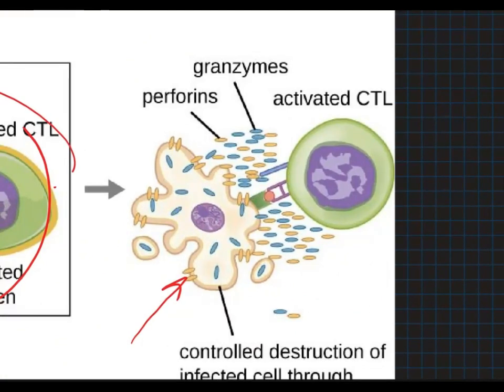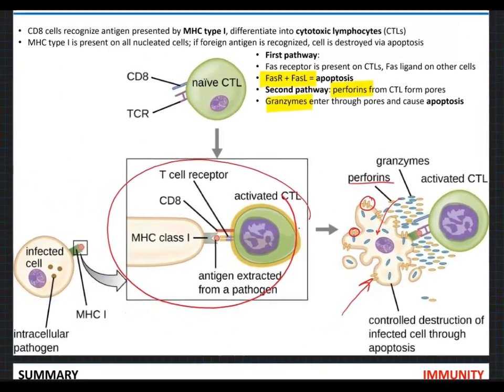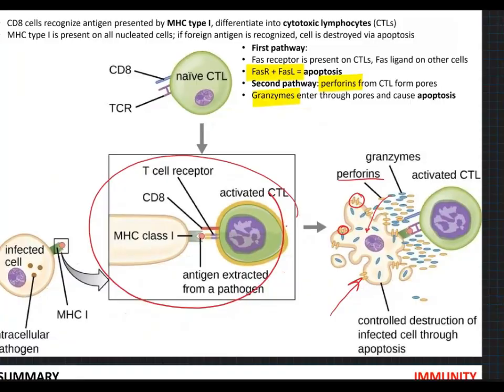Here you can see perforins form pores in the membrane of the infected cell or cancerous cell, and granzymes enter and also trigger apoptosis. Looks good. Agreed? It's a pretty efficient system. Works great. Should kill cancer.